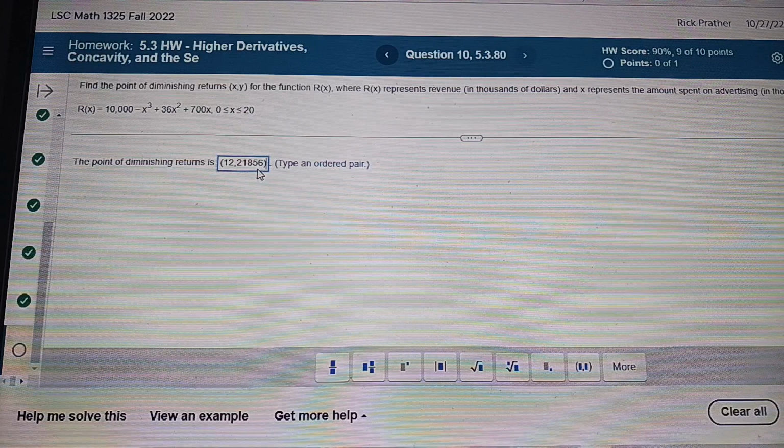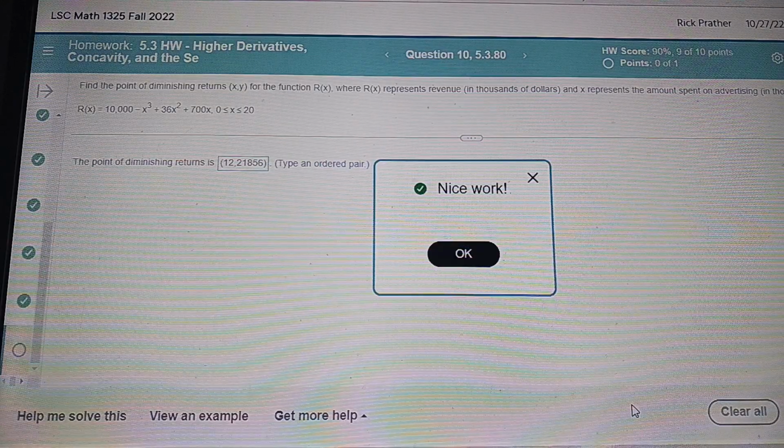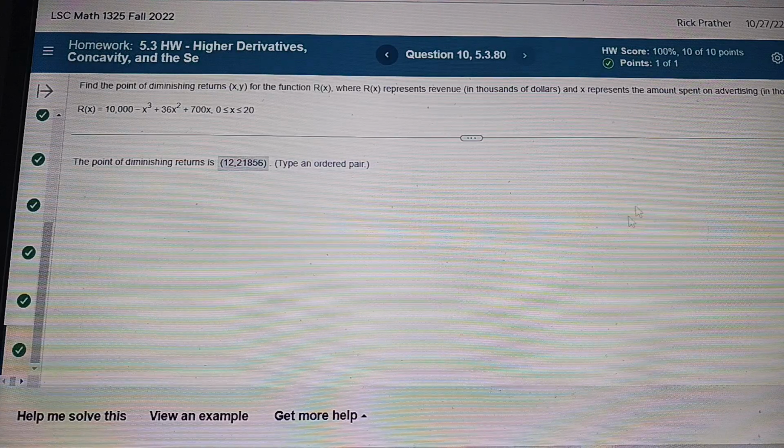But if you kept going beyond $12,000, the profits will start decreasing, they won't keep increasing at the same rate that you're spending on advertising. So the two graphs will start getting closer and closer together, and you're just throwing profits away by doing that. So that was section 5.3, and we got all 10 of them done now.